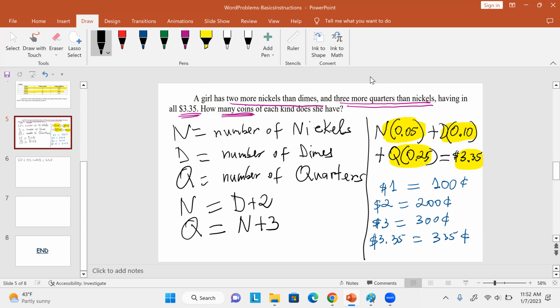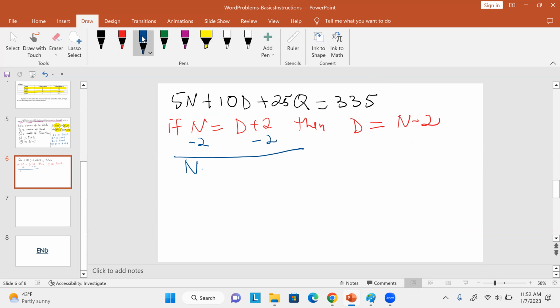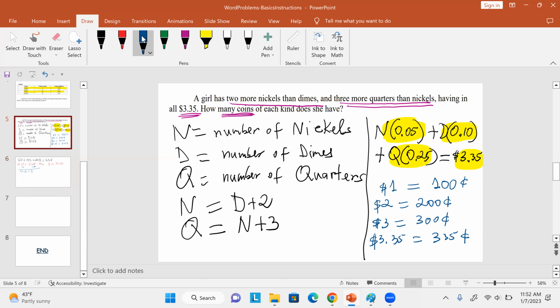If n is d plus 2, then d will be n minus 2. How? Look, if we subtract 2 on both sides, we get n minus 2 equals d, because 2 and negative 2 cancel out. So we have d as n minus 2. q is n plus 3.